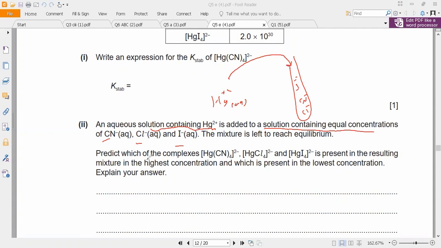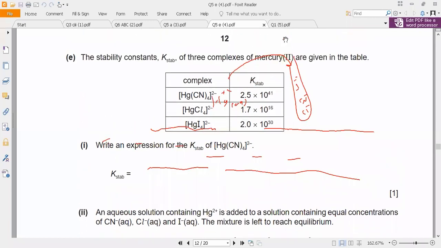Predict which of the complexes is present in the resulting mixture in the highest concentration, and which one in the lowest concentration. Explain your answer. Guys, we go immediately to where? To this table.